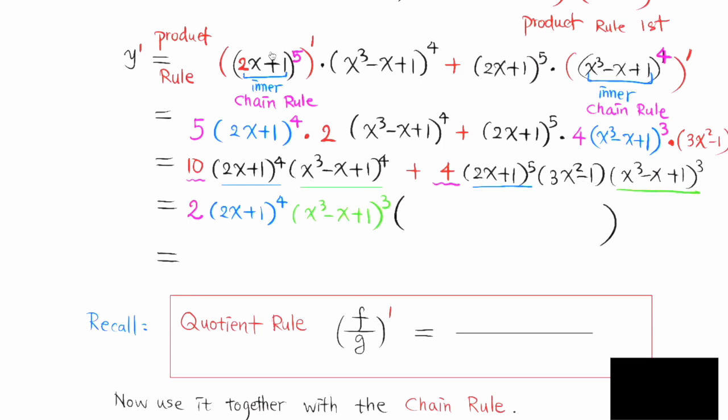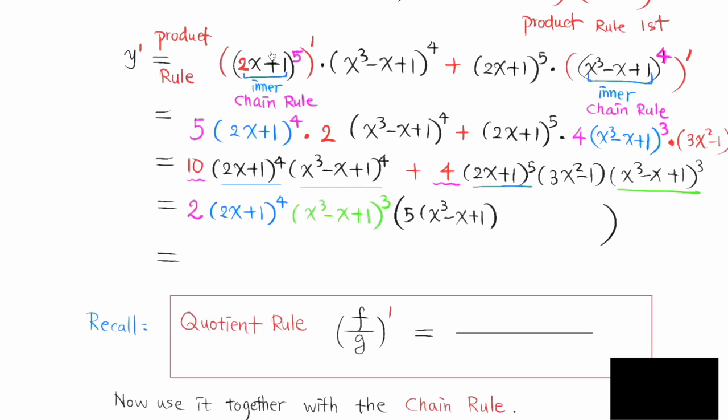Let's think about what's left for each term after I take out this common factor. For this one, if I take out 2, I'm left with 5 over here. So 5. If I take out this to the 4 power, it's 1. And for this one, take out this to the 3rd power, I'm left with 1 more factor over here, so I have x cubed minus x plus 1.